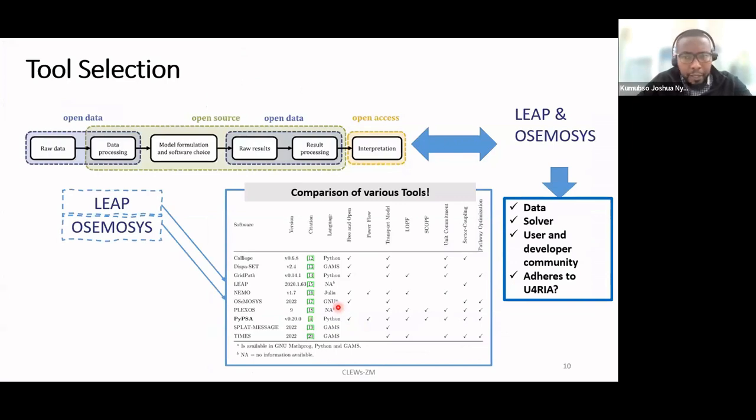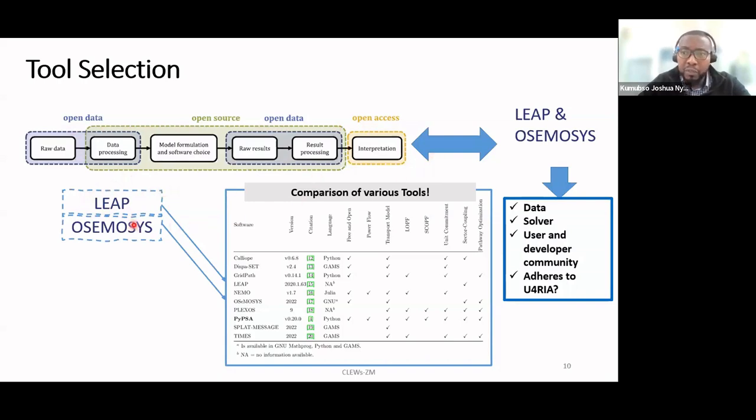Okay, tool selection. I think two tools, I would say, were used. LEAP was used for modeling demand beyond electricity. In as much as we try to ride under the principle of open data, open source, open access, LEAP, the software itself, is not open source, but the underlying data is what has been made open access in this regard.